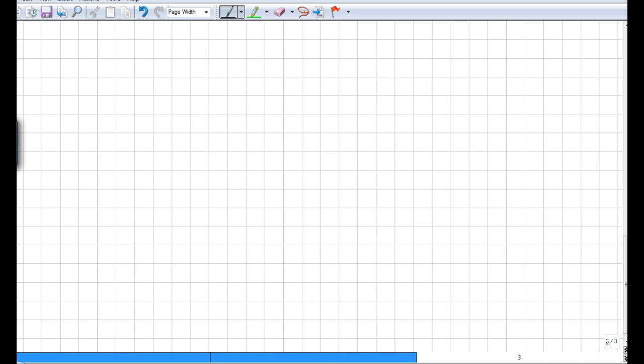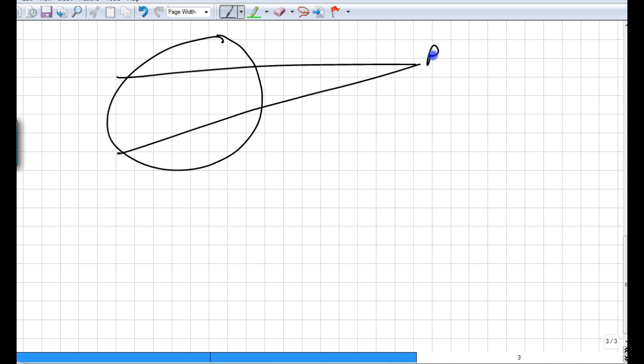Okay, now we want to look at angles formed by tangents or secants. So notice that if I have two tangents from a point outside the circle, then the angle formed by those two tangents, or two secants, these are secants, is outside the circle.